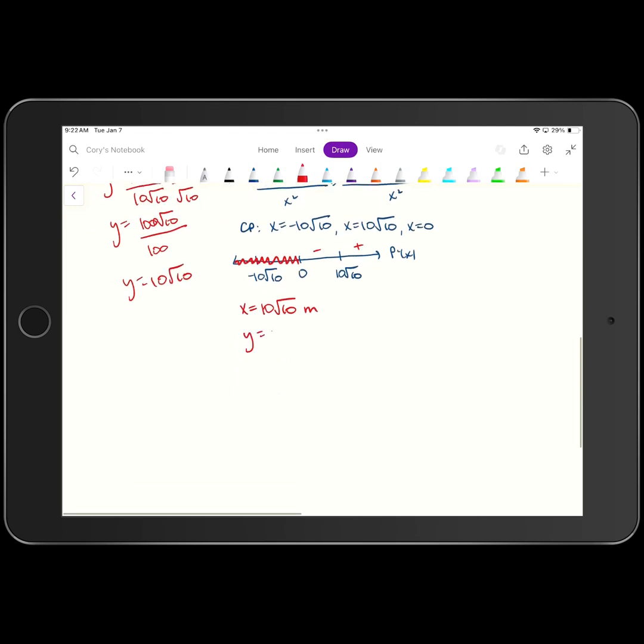Okay, so y is going to be 10 rad 10 as well. So what is the rectangle that minimizes perimeter? The rectangle that minimizes perimeter is actually going to be a square in this particular case.